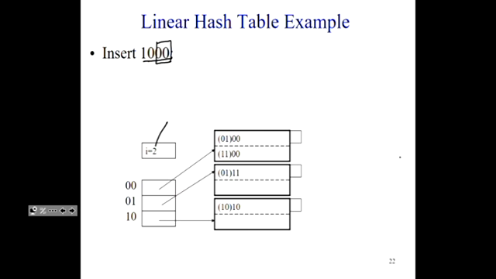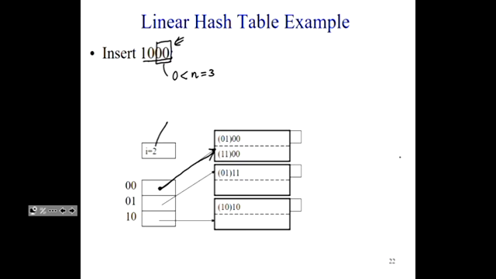The last 2 bits are 00. 00 in integers is simply 0, and because it's 0, it's less than n. n is 3 in this case. Therefore, all I need to do is to take this 00 and hash it as is. I look up 00, and then I will want to place it in this block.